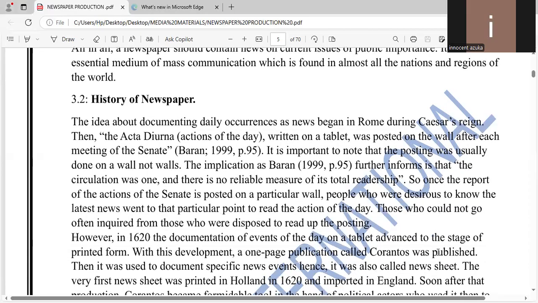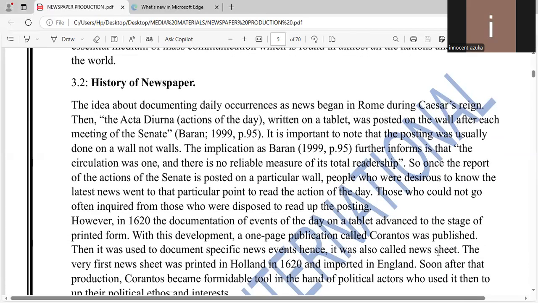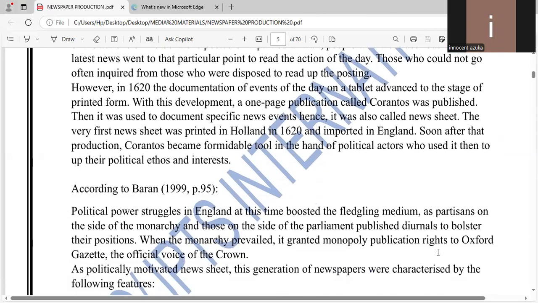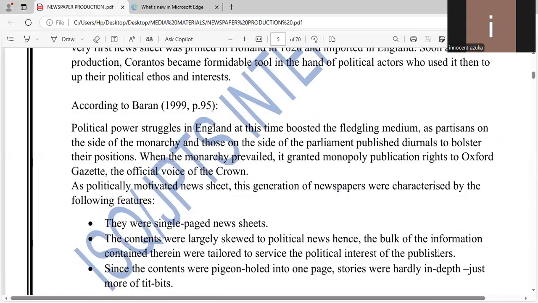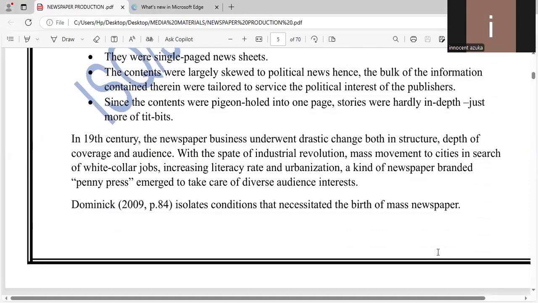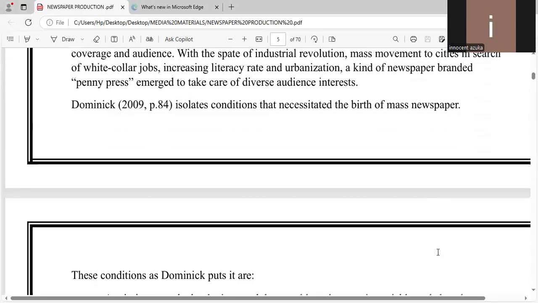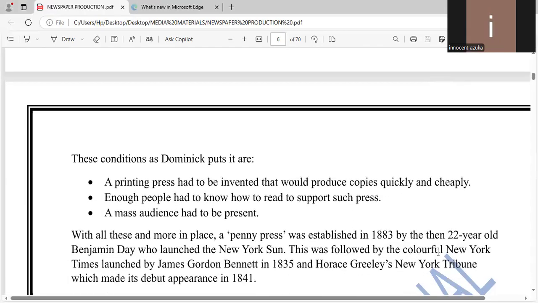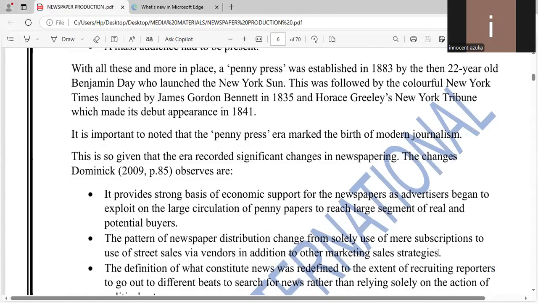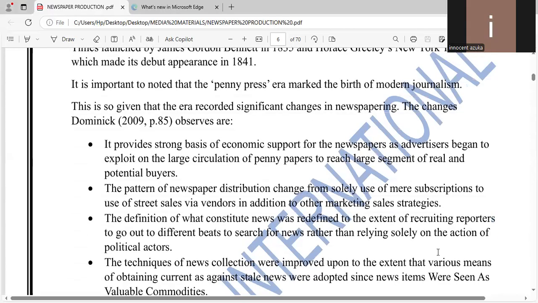You look at the history; it is stated there as you read through. As you read through, you will see how newspaper started in the 18th and 19th centuries. This is the historical preview of how it provides a strong basis of economic support for the newspaper.